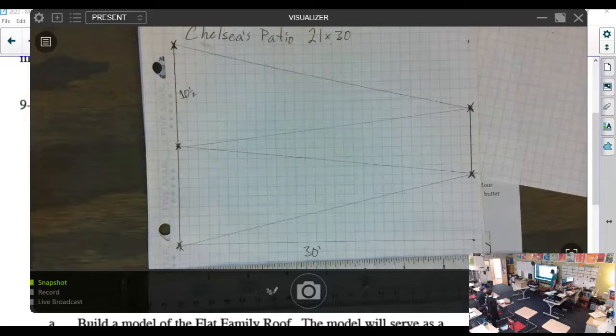30. How long is this? Yeah, careful. Careful. Because they're not all identical. So keep going. Wrong answers are good. They lead us to the right answers.